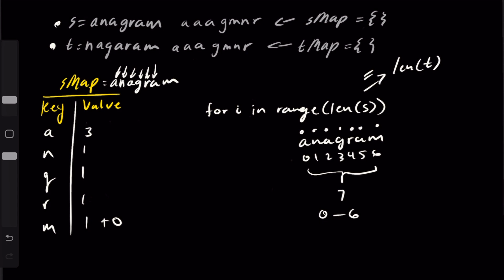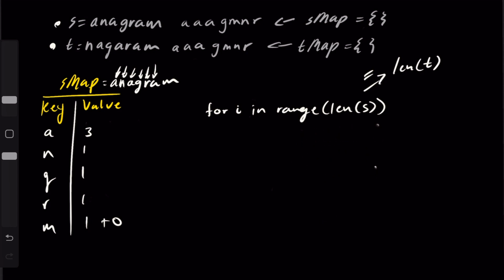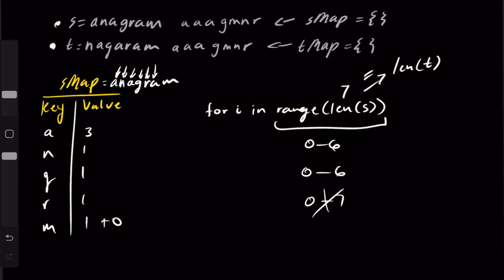And let's remove this so I can explain this. So how range works is it goes from 0 to 6. The length is 7, and it doesn't include 7. It just goes from 0 to 6, not 0 to 7. This is wrong. So it goes from 0 to 6. It counts through all the characters, and in this case, since we have anagram, right?